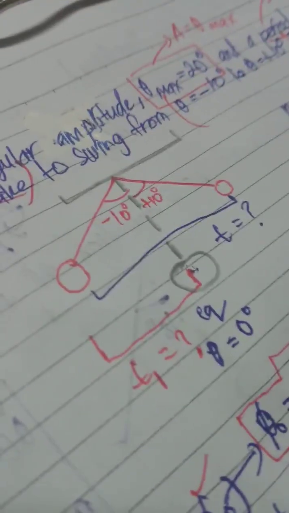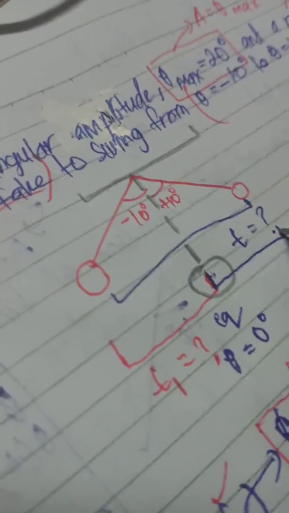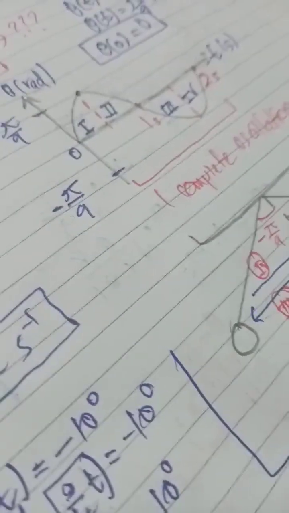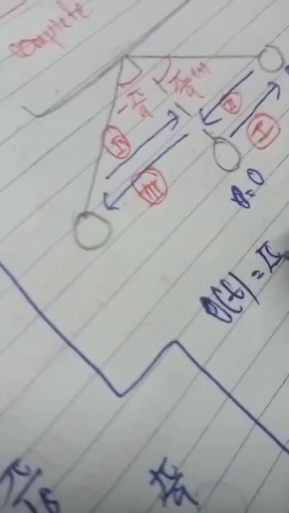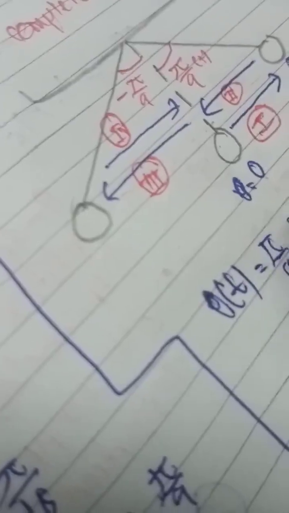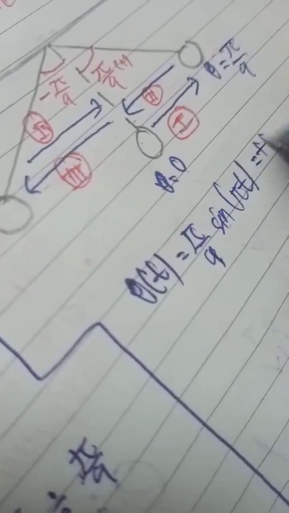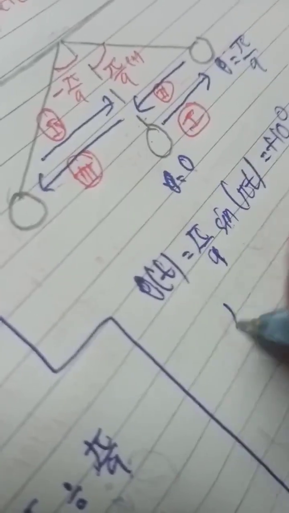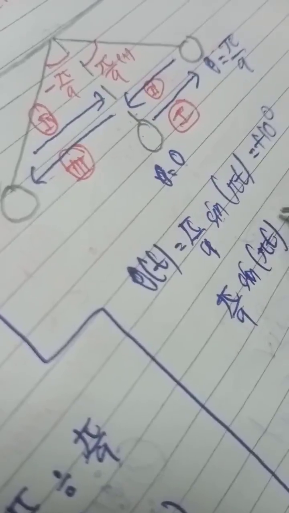Now we want to check how long it takes from the equilibrium position to this position. Theta of t is equal to pi over 9 sine pi t, which is equal to positive 10 degrees, right?